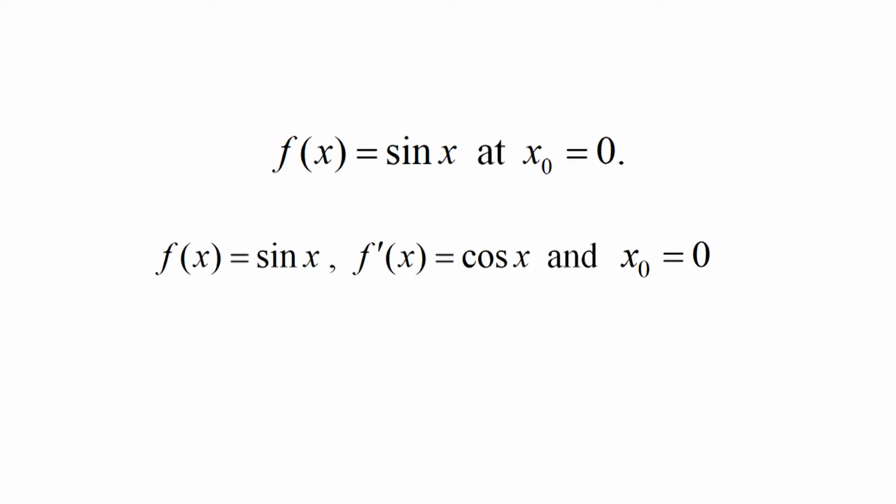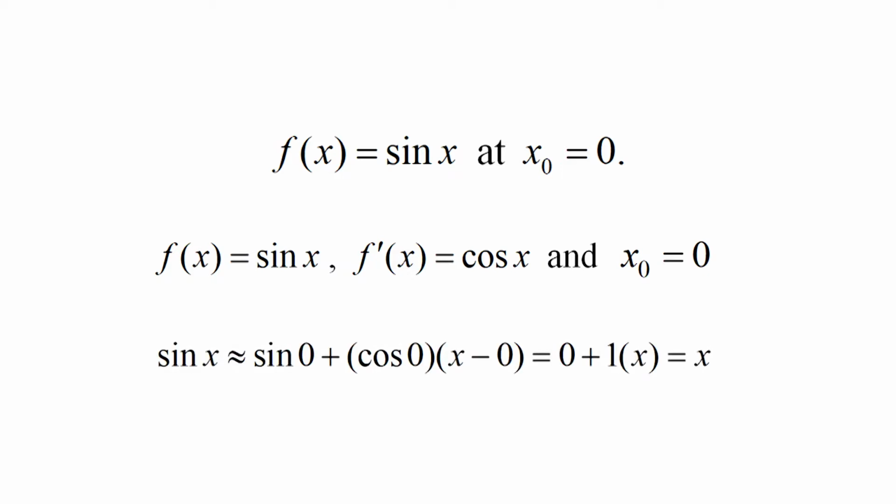With f of x equal to sin x, f prime x equal to cos x and x naught equal to 0, the linear approximation is sin x approximately equal to sin 0 plus cos 0 times x minus 0, which is 0 plus 1 times x, which is x.